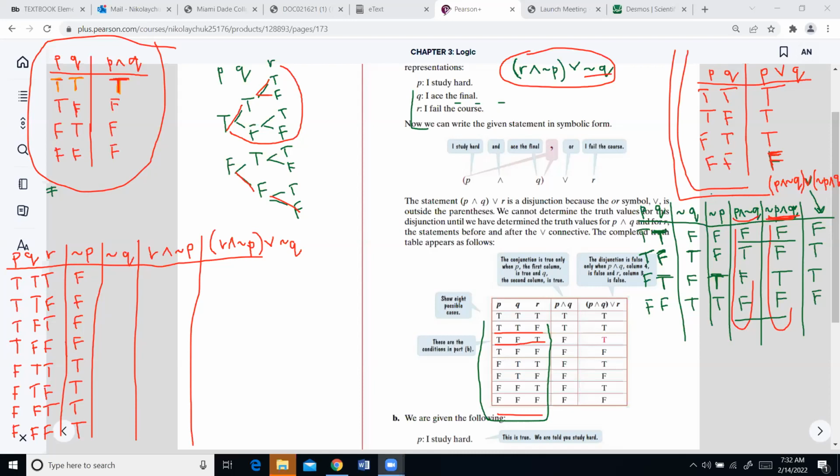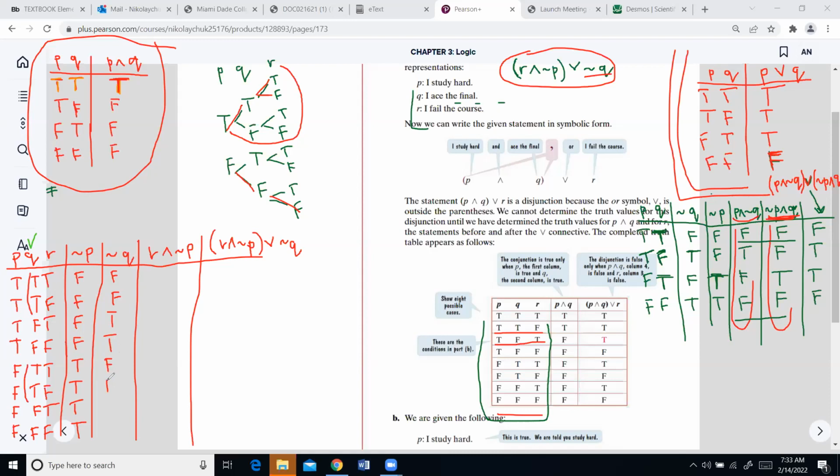Now, same thing I do with Q. I just need to be careful because this Q is my second column. So I look at the second column and I see it goes 2, 2. So there are 2 T's, so I put 2 F's. Next, I have 2 F's, so I put 2 T's. Again, there are 2 T's, I put 2 F's.